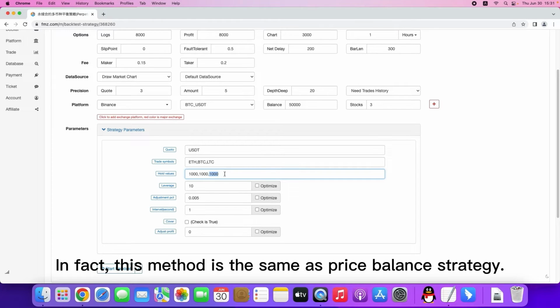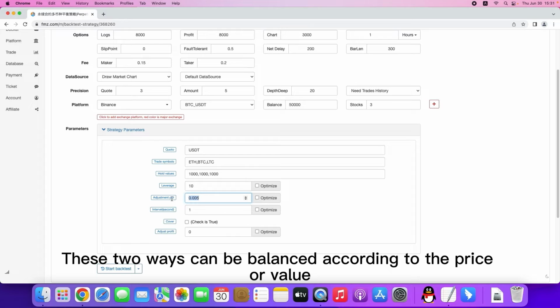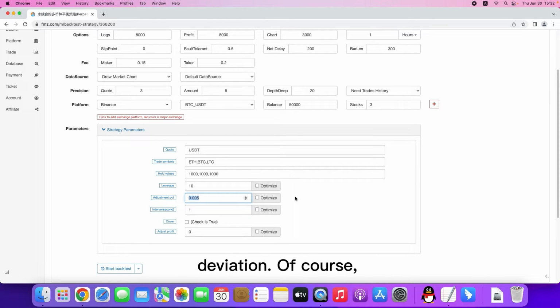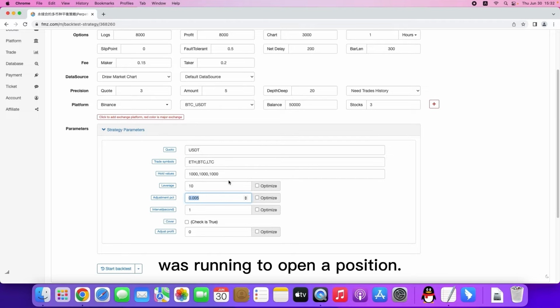In fact, this method is the same as the price balance strategy. These 2 ways can be balanced according to the price or value deviation. Of course, this percentage is also calculated based on the base price recorded when the strategy was running to open the position.